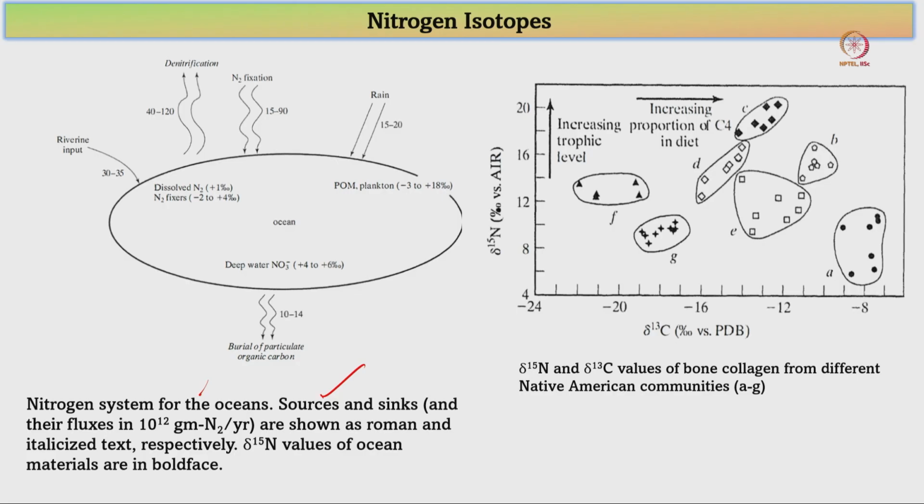So, this is a change of the trophic level, this is the proportion of C4 in the diet. So, these are the different animal groups, these are the different groups of humans, actually Native American communities. So, how delta 15N values and delta 13C values together can help us identify what was the diet of that particular community.